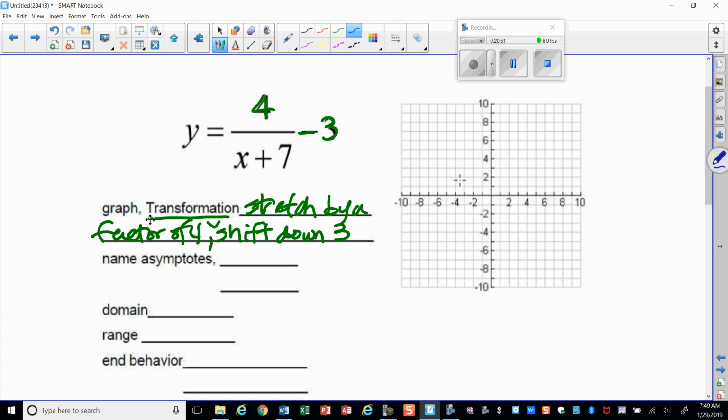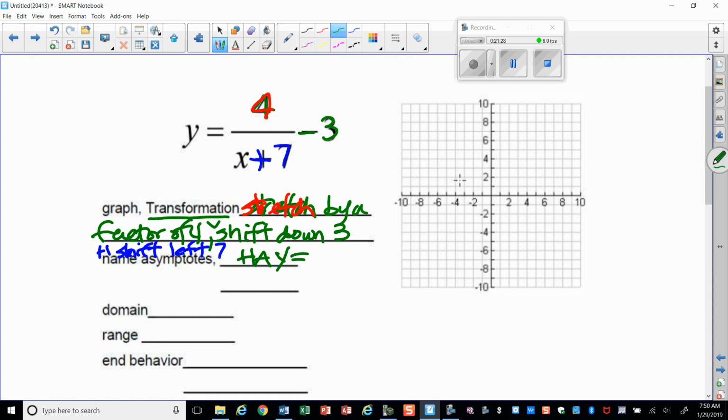And then we have this +7, which is going to be a horizontal shift, and it would be left 7. It's the opposite. So those are my 3 transformations: a stretch, and horizontal and vertical shifts.